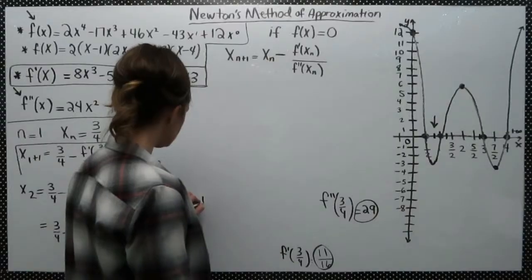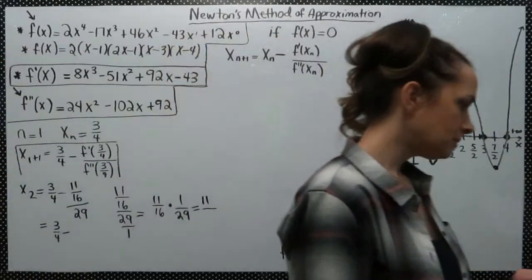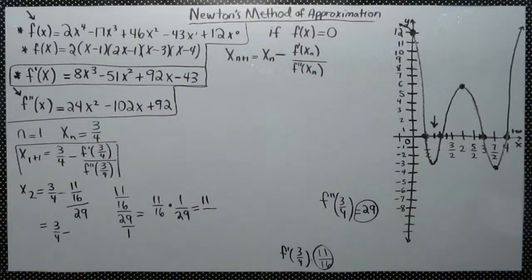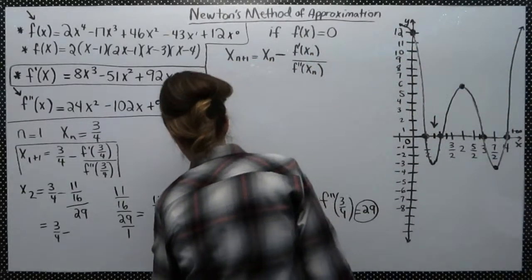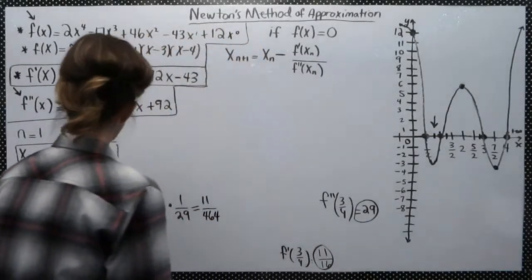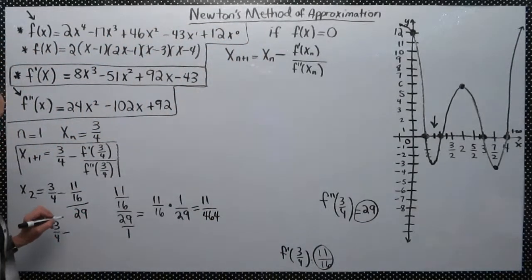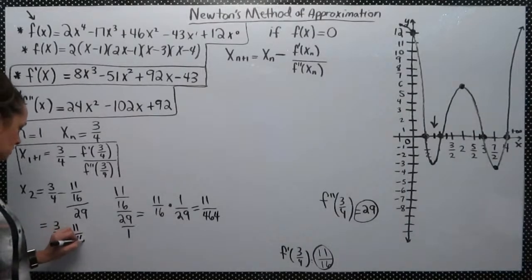And so that's going to be 11 times 1 is 11, and 16 times 29 is 464. So I'm getting 3/4 minus 11 over 464.